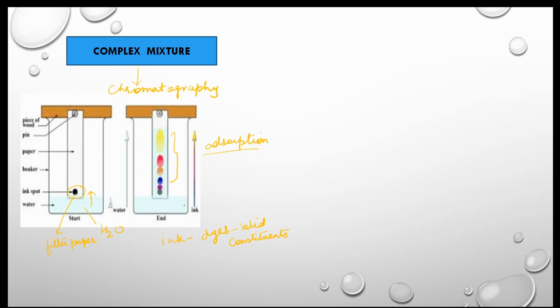So that is how we are able to separate the ink into its solid constituents, by the passage of solvent, that is water. So that is chromatography, which is based on difference in adsorption of solid constituents, that is dyes, on the surface of an adsorbent medium. What is the adsorbent medium over here? Adsorbent medium is the filter paper.